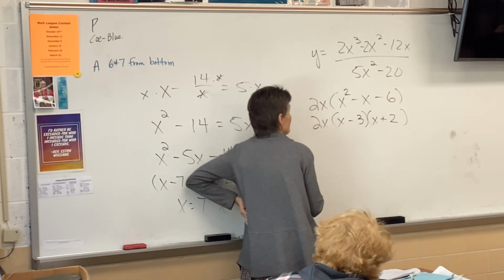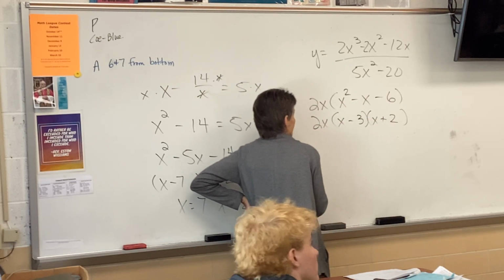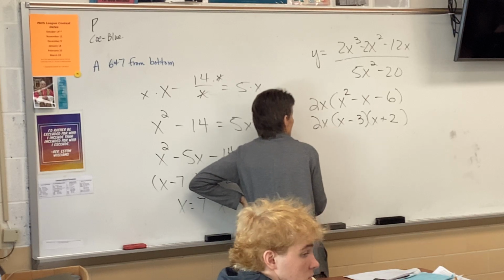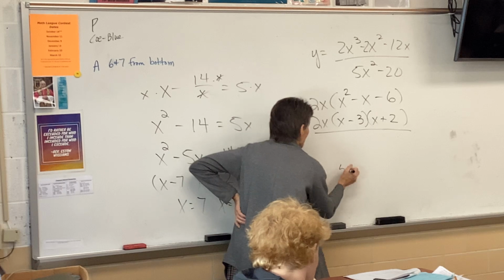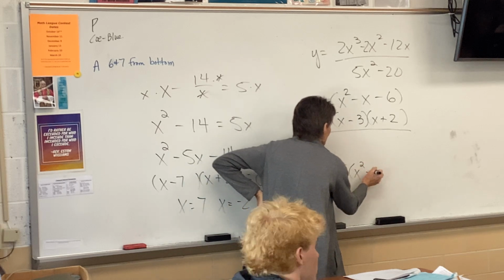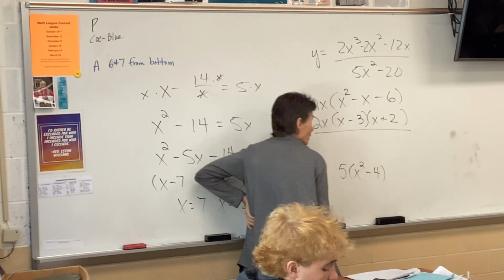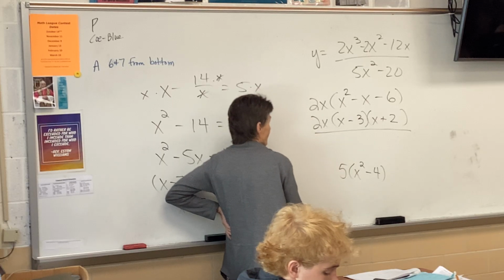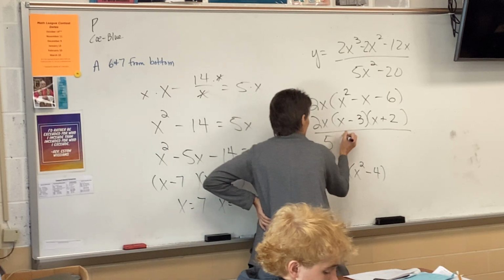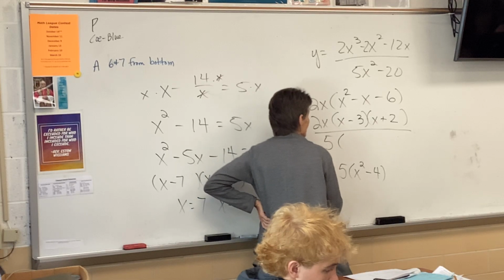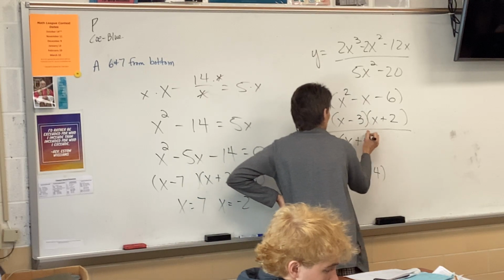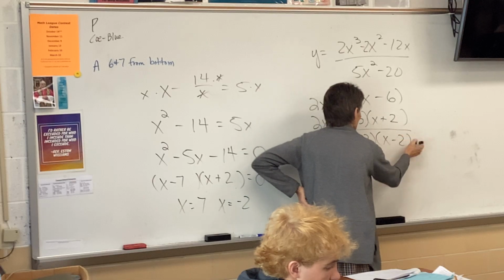And then what can I do at the bottom? So this is my top. I'm gonna leave it there. My bottom, I'm gonna take out a 5 and I'll have x squared minus 4. And x squared minus 4 will factor into plus 2 minus 2.